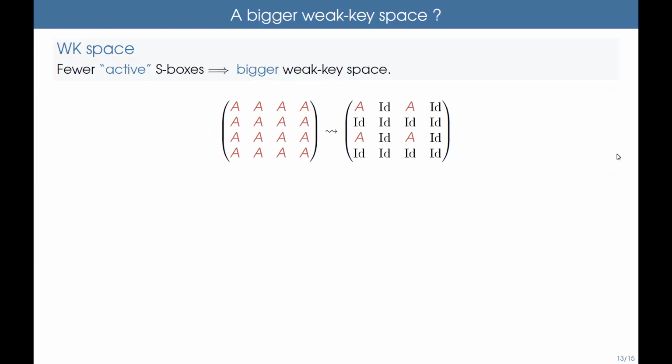Finally, if we look at the weak key space, we can try to increase it, because the number of constraints we have is linked to the number of applications of our small affine mapping A. So if we go to an activation pattern with fewer applications of A, we can expect to have an increased weak key space.